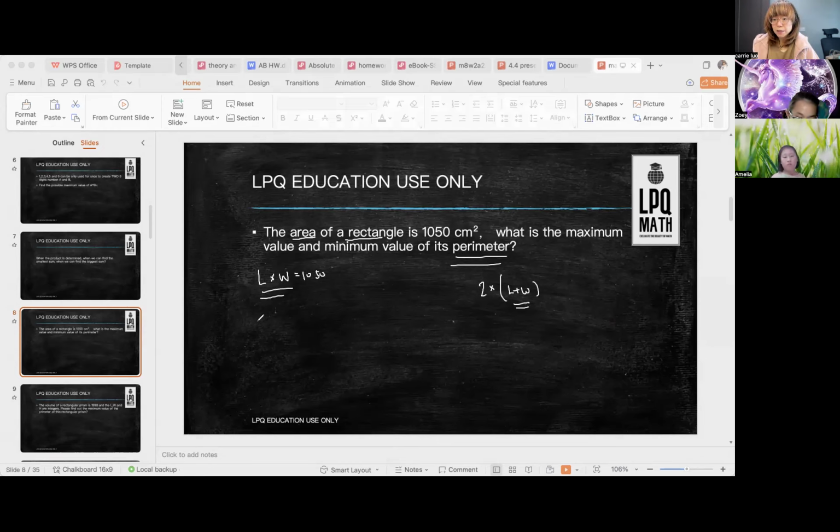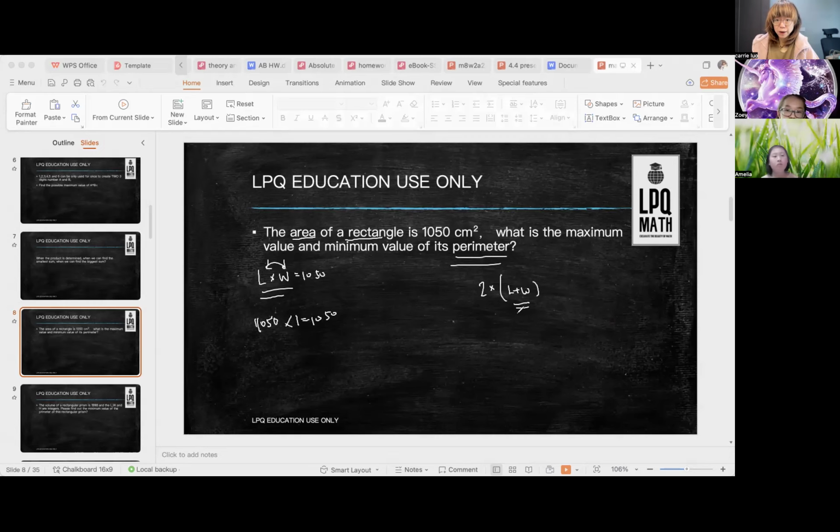Okay, remember I said when you know the product, what is the maximum value of the sum? Make them the biggest, the better. So 1050 times 1 equals 1050, correct?